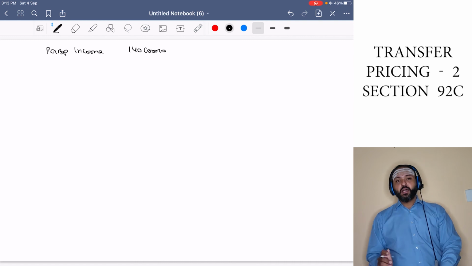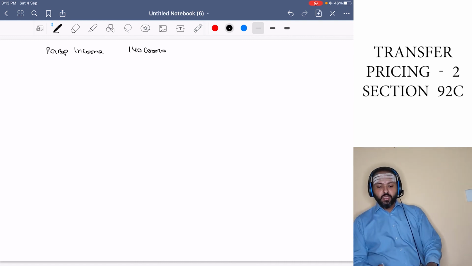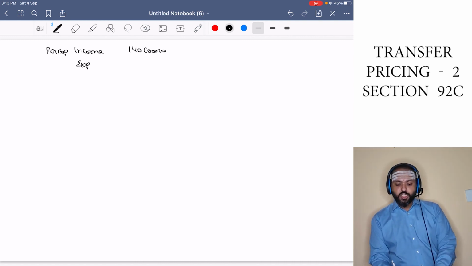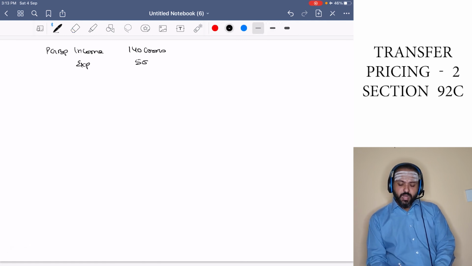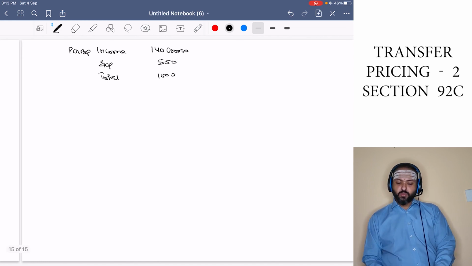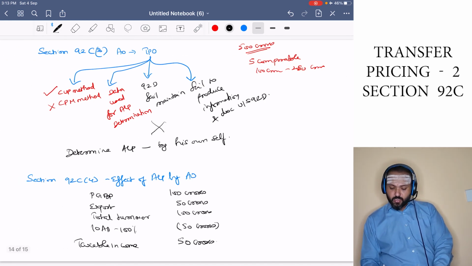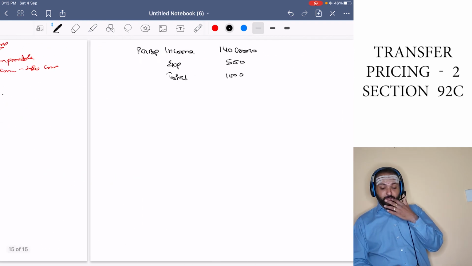Export turnover does not change. It is 500 crores, 50 crores, is it? Yeah, 50 crores. Export turnover is 50 crores. And total turnover is 100 crores. Okay, let us keep it as 500 because PGBP is 100, right? So 500 crores is export, 1000 crores is total turnover.